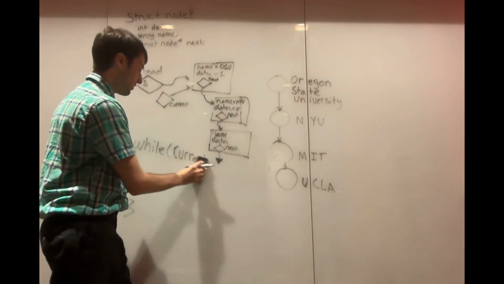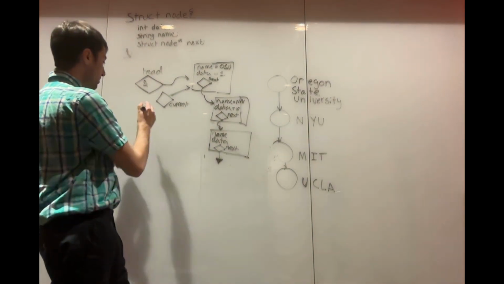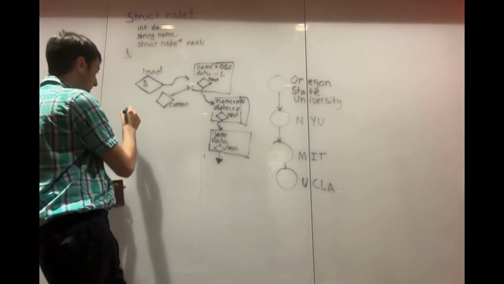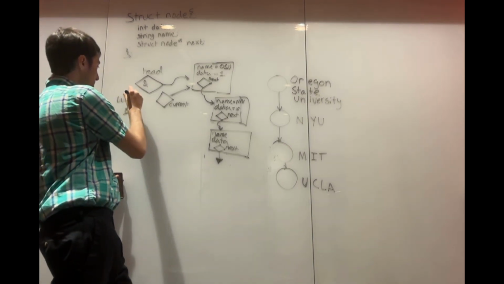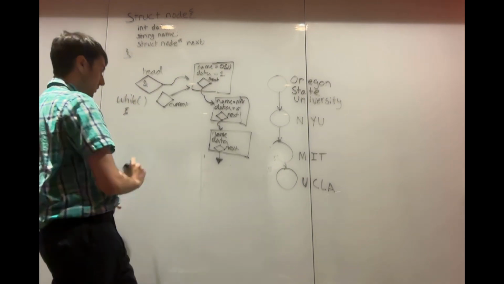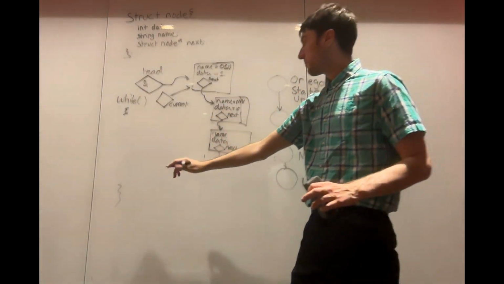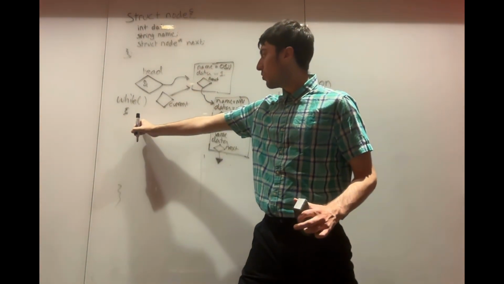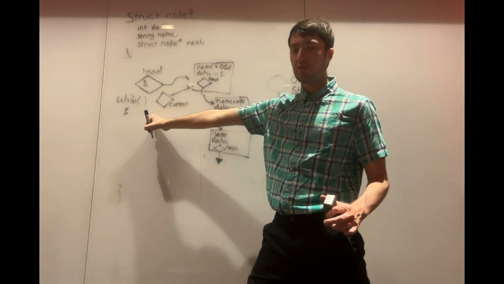I'm going to move this while loop so that you guys can see it better. So here's my while loop. So current is right here. While current is not equal to 0.